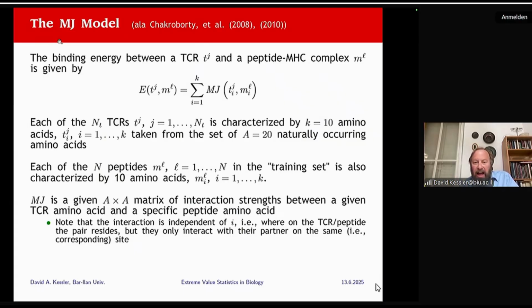And it's given by, in this Chakrabarty model, the energy is a sum over the different I's, the different amino acids along the TCR.